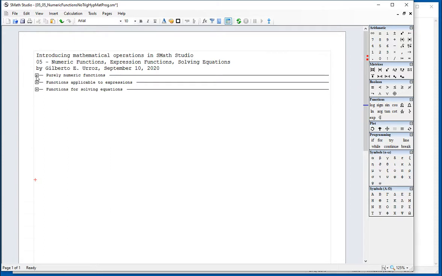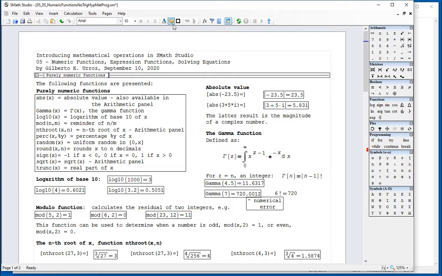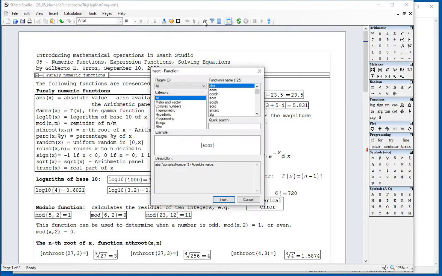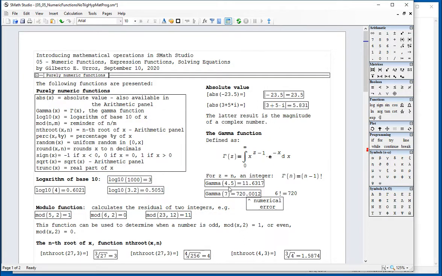And we're going to talk about purely numeric functions. These are functions that I extracted from the function menu here from the category all, but eliminating those that are repeated in matrix, complex, trigonometric, hyperbolic, program, and strings and files. So these are the purely numeric functions that will appear in the all category.